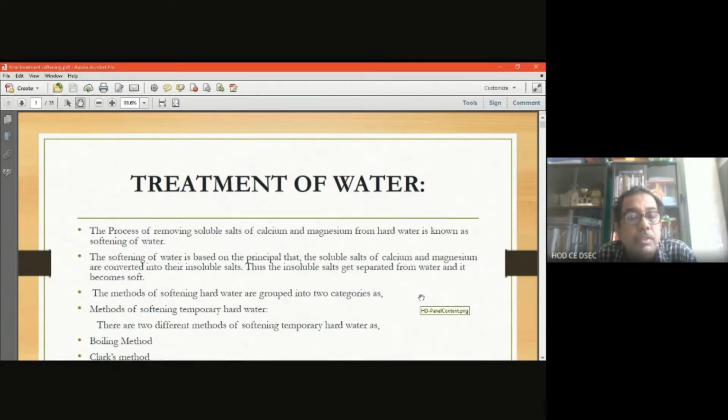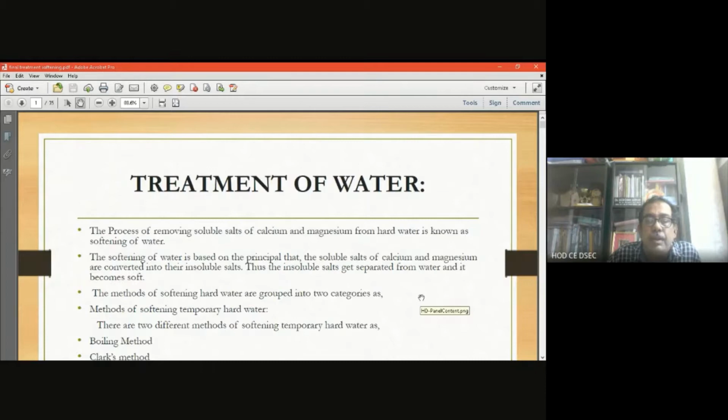We know the hard water characteristics, as I have told you in the characterization of water, drinking water. Hard water is a property of the water which resists the formation of foam on leather using the soap in water. So by that we can understand whether the water is hard or soft. If the water is hard, it increases the soap consumption.